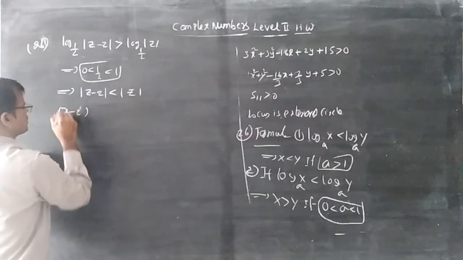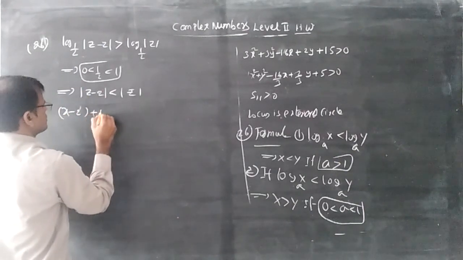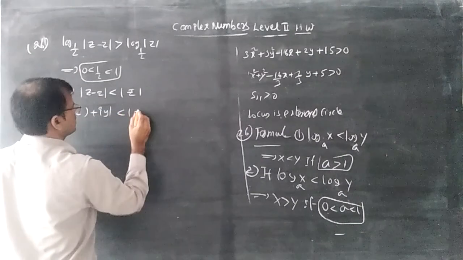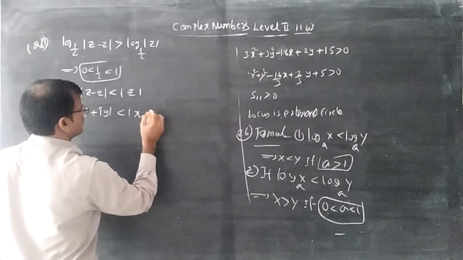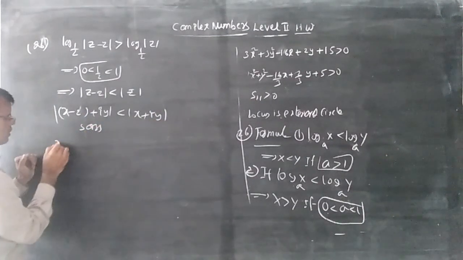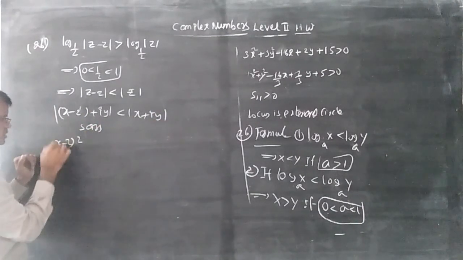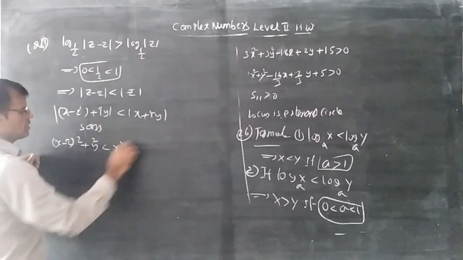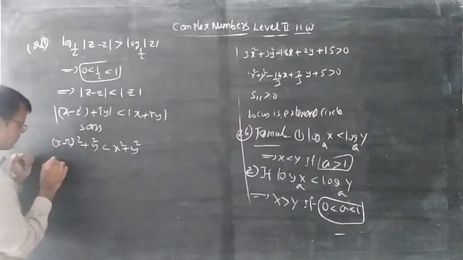Z is equal to x plus iy, write like this. Modulus of x minus 2 plus iy is less than modulus of x plus iy. Squaring both sides and taking modulus: x minus 2 whole square plus y square is less than x square plus y square.